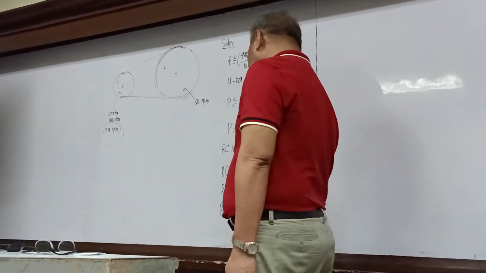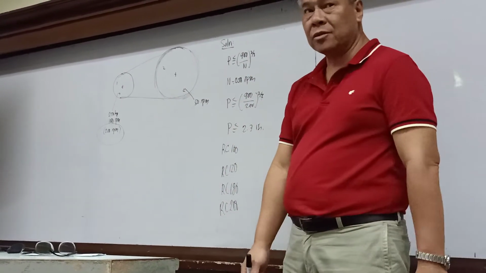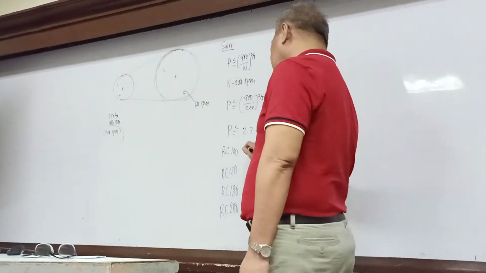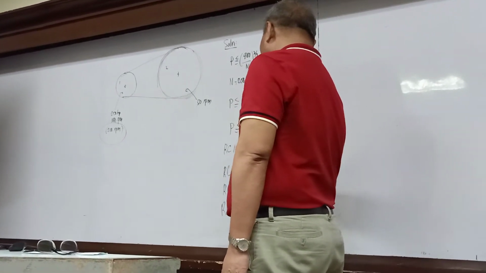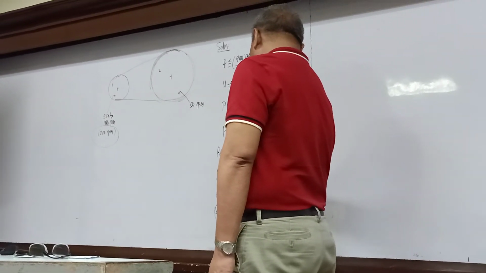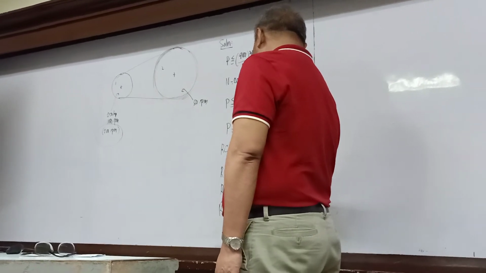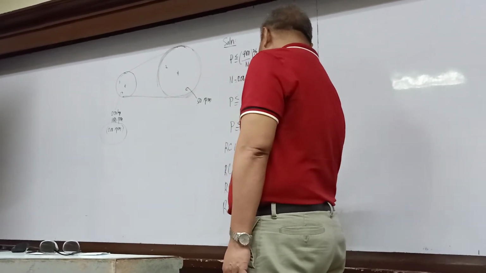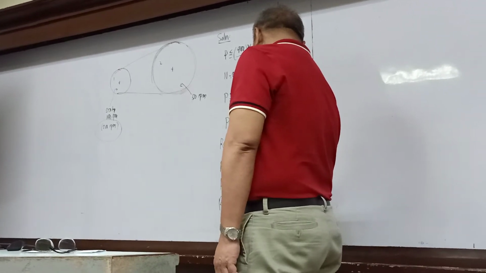If I am using an RC100, it means that we are using a chain of usual proportion, wherein the pitch is equivalent to 10 over 8. RC120 will be equivalent to 12 over 8. RC180 will be equivalent to 18 over 8. Then RC200 will be 20 over 8.